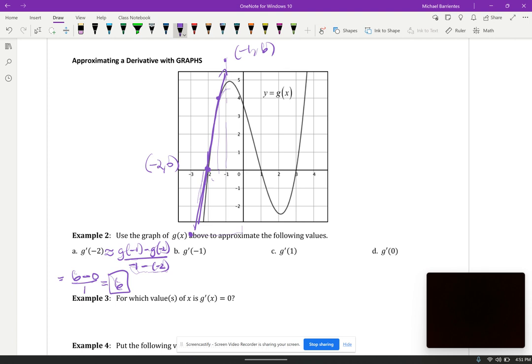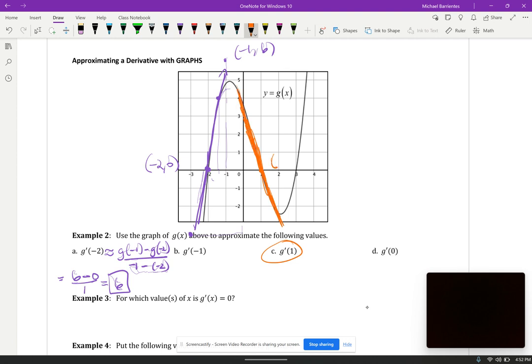What about, let's do one more from this graph, and then we'll answer example 3. Let's do letter C. So for letter C, we're looking for the derivative. We're looking for the slope of the tangent line at x equals 1. Here's x equals 1. So if I draw that tangent line, it will look something like that.